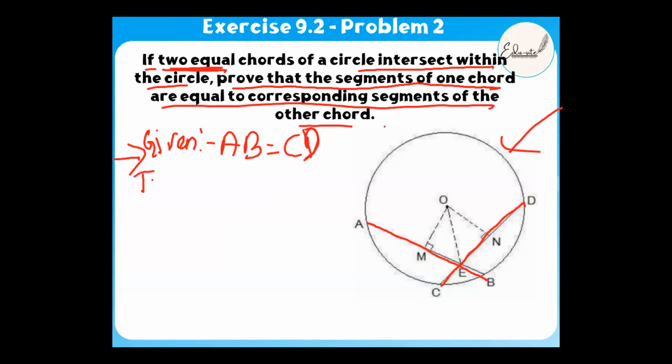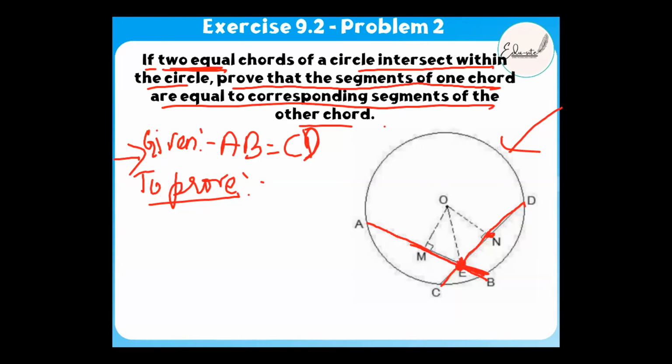What to prove? Please tell me what to prove, beta. I just told you. What does segment mean? When the chord intersects and divides, we get two segments here. What are the two parts of AB? A, E, B are two parts, right? CD will also have parts here: CE, ED.